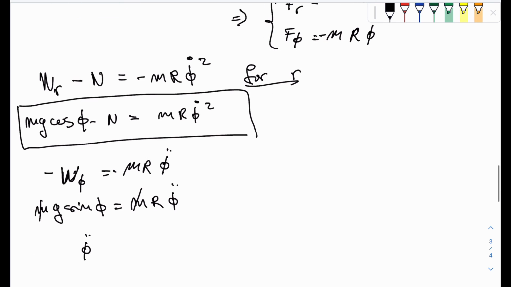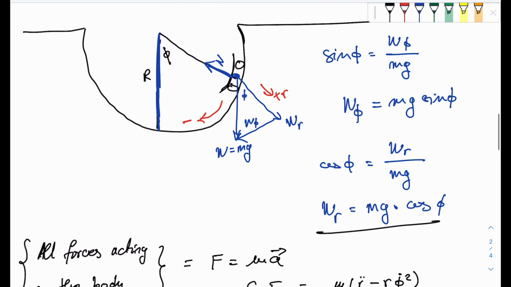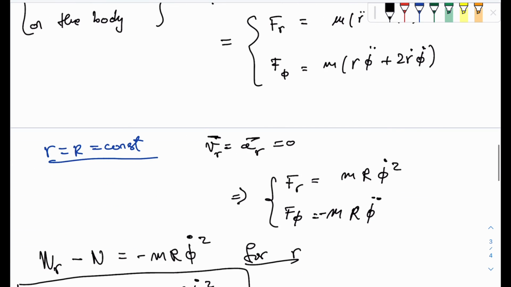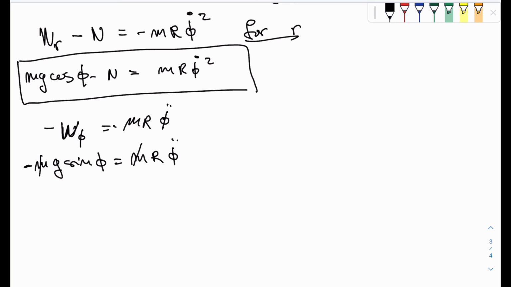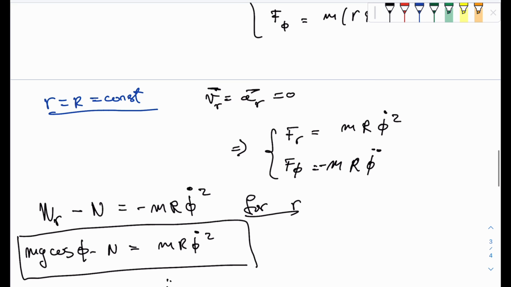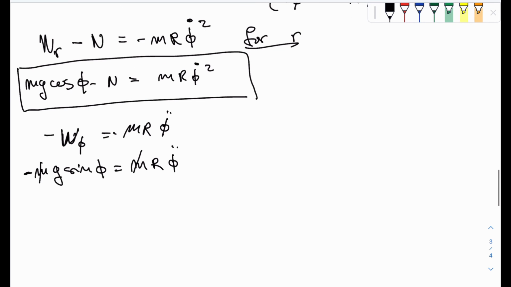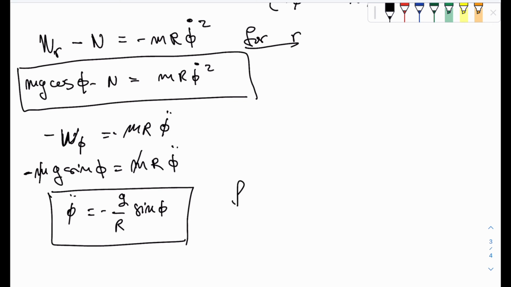The minus sign goes on this side of the equation because this is the negative direction of rotation. So we have minus mg sine phi equals m R phi double dot, which gives phi double dot equals minus g over R sine phi. This is for phi.